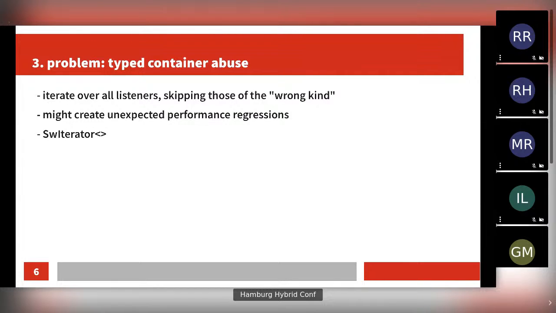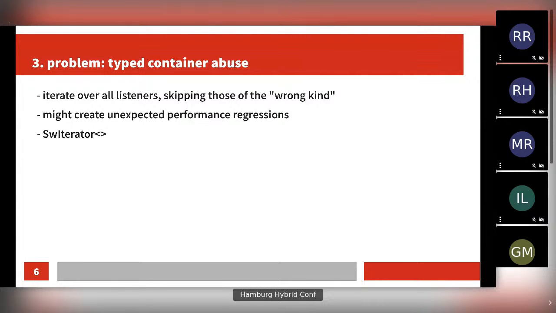Although that's, of course, completely wrong, because you did the whole thing in the beginning to have a dependency inversion, so that the client does not need to know what the listeners are. So you should, in a good world, never do this, but it is being done.